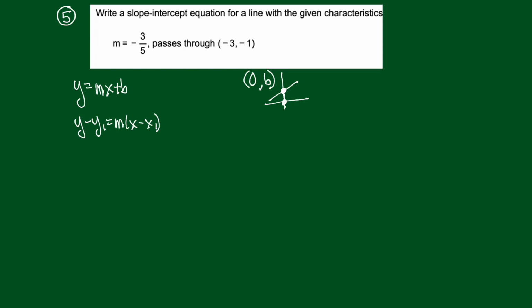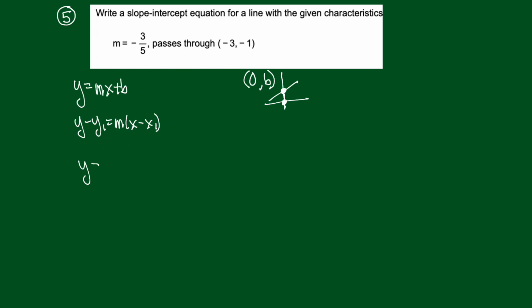So let's substitute in the values for m, x1, and y1. It's going to look like this. We're going to get y minus y1. Now y1, this one up here, that's the first y I see. So I'm going to put that right down here for y1, right?